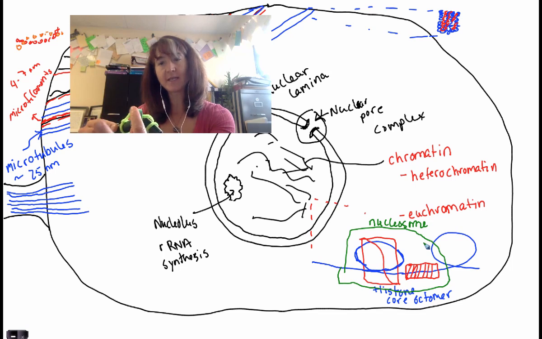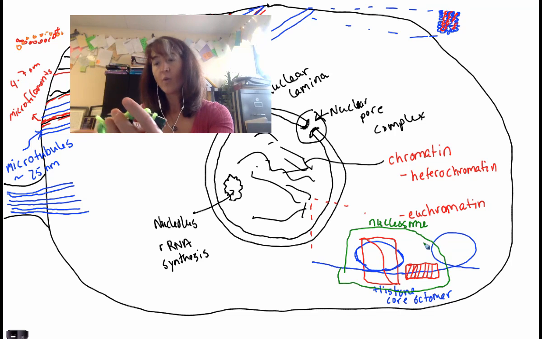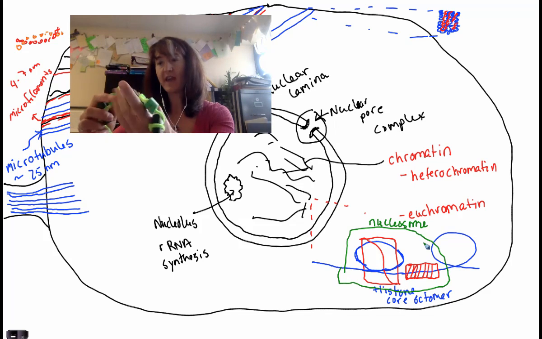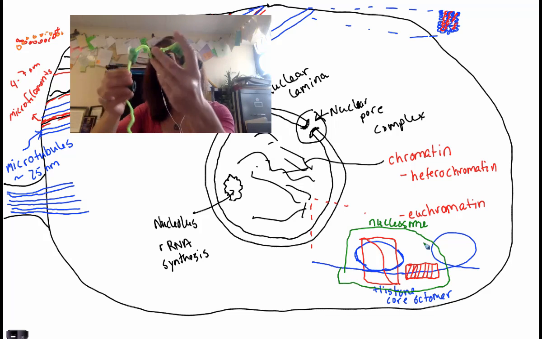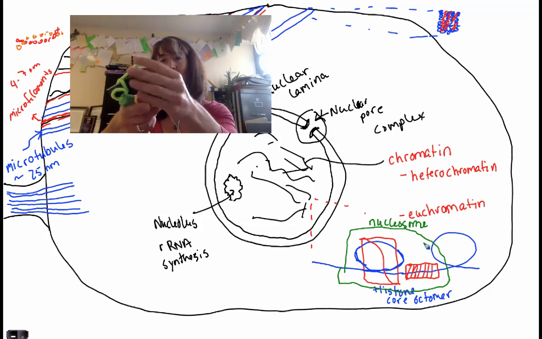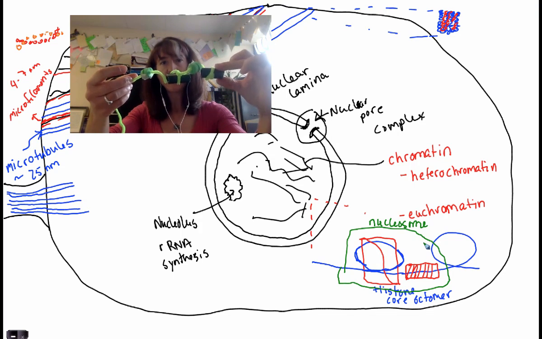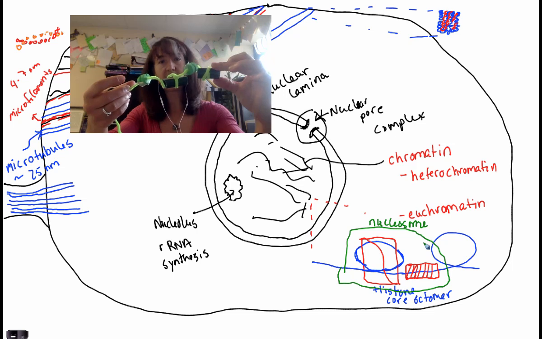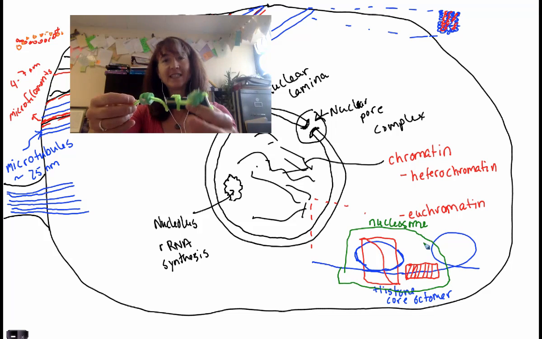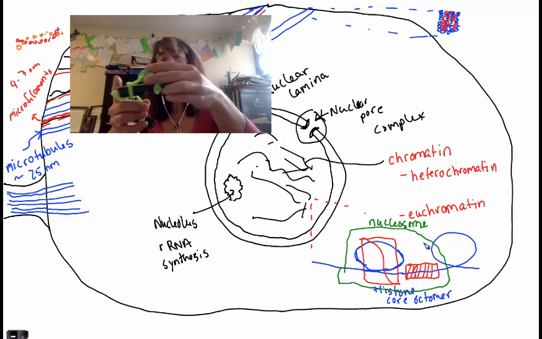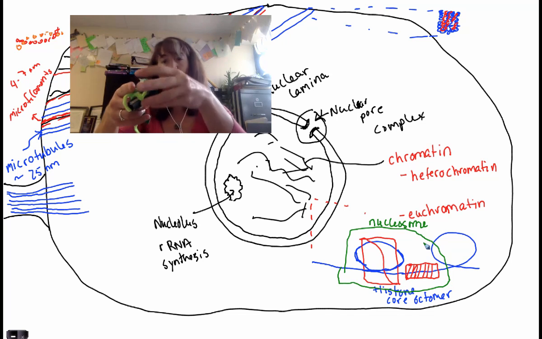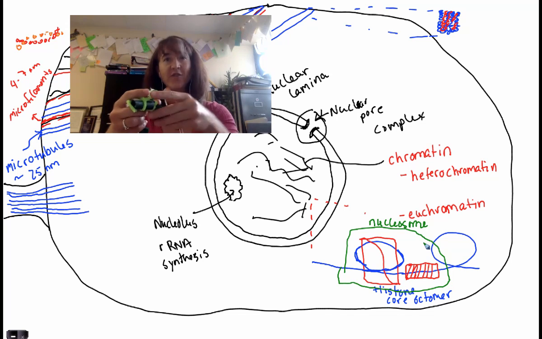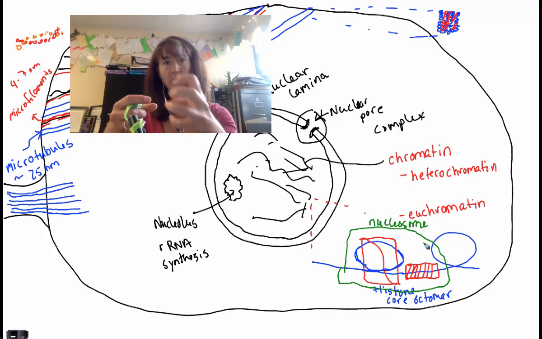Now, linker DNA is associated with the H1 histone, and you can see that if an H1 histone were to interact with another H1 histone, that could lead to more packaging. So we might say that this beads on a string orientation of DNA is the least packaged that it can be, where the genes here are very accessible to expression, whereas as they package down further and further, there's more and more condensation that can happen until finally at the highest condensation they're forming chromosomes.